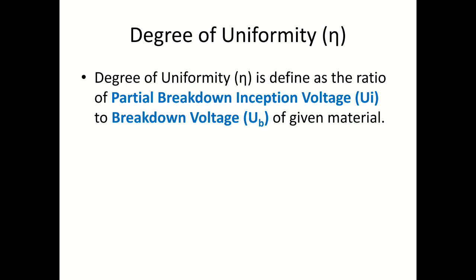Now what is partial breakdown inception voltage? Remember one thing, as we know that every insulating material exhibits the property of insulation up to a certain applied voltage. For example, if I talk about air, air is a perfect insulator, but it is possible only if we maintain the applied voltage within a specified limit.